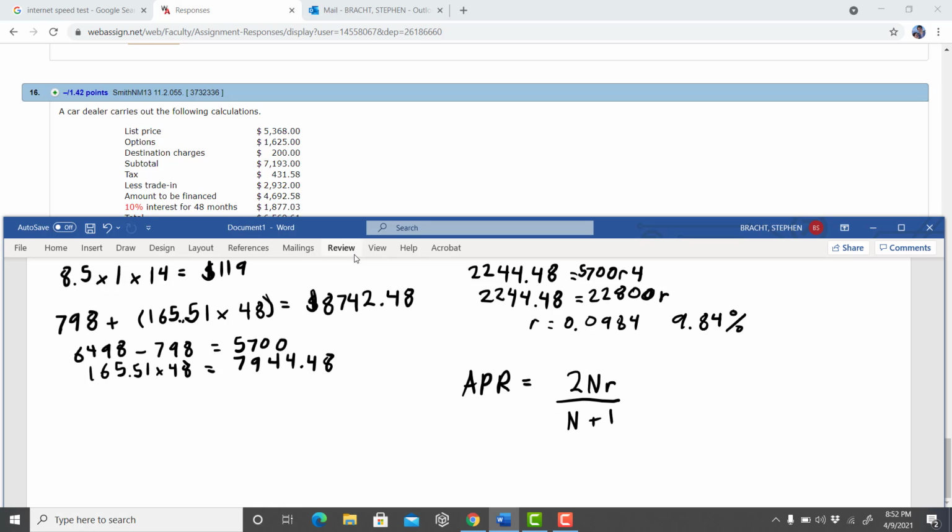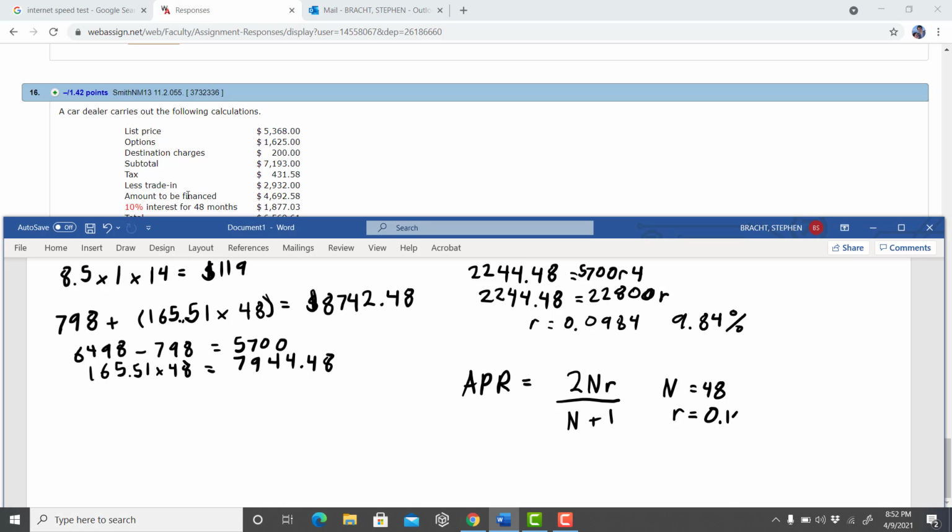N, capital N here is the number of monthly payments, right? If we come over here, it says 48 months, so that means N equals 48. Okay. R is the interest rate. If we come up here and look, it says 10% interest, right? So you'll plug in R equals 10% or 0.10.